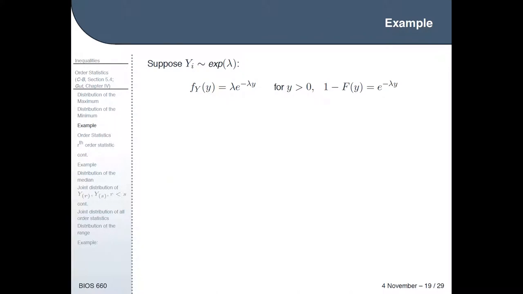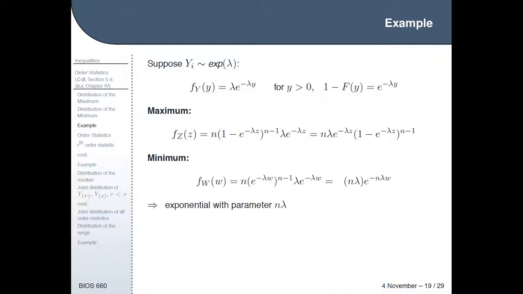So let's say that the Y's are all exponential, for instance, and we want to find the distribution of the maximum. Using the formula from the previous slide, that's n times the CDF, which is 1 minus e to the minus lambda z, to the power n minus 1, times the original density function, and we end up with the density on the right there.